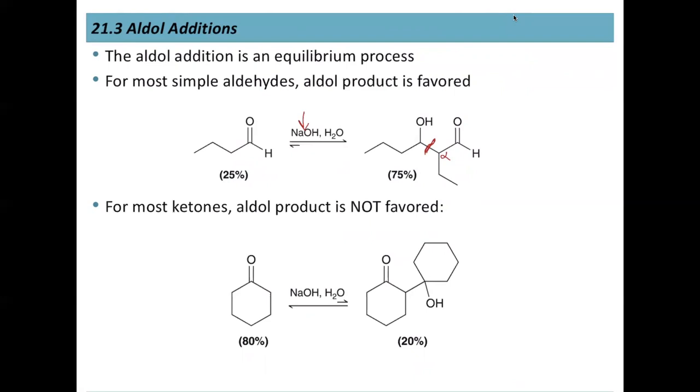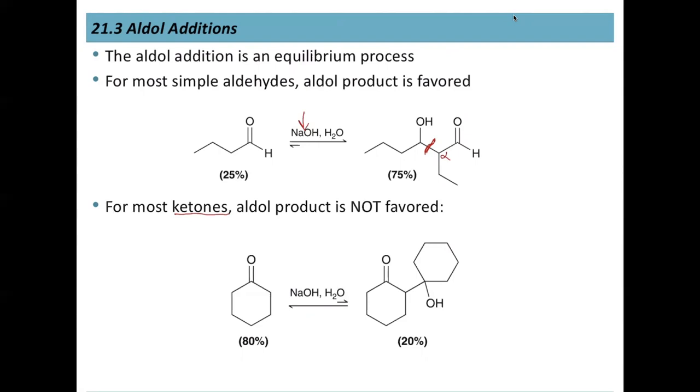So for simple aldehydes and many ketones, it favors the products, but not for all. In some cases with ketones, such as this cyclohexanone, we actually do get product, but it favors the reactants. And that has to do with sterics as well as ketones being less reactive than aldehydes.